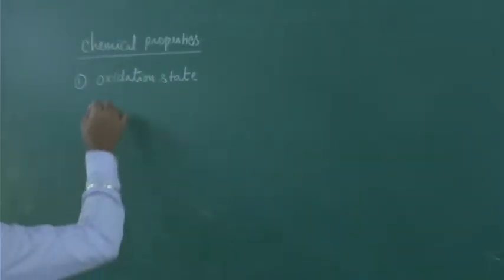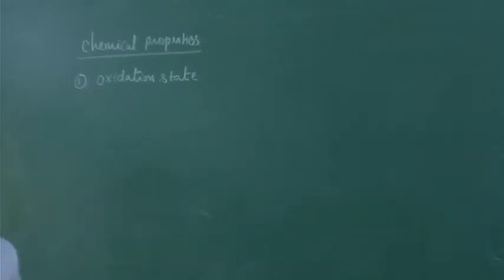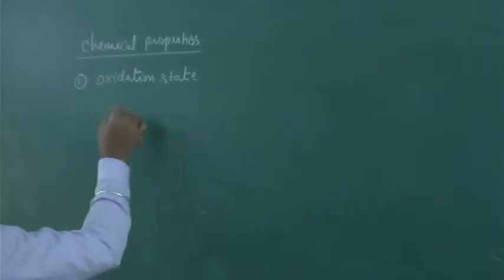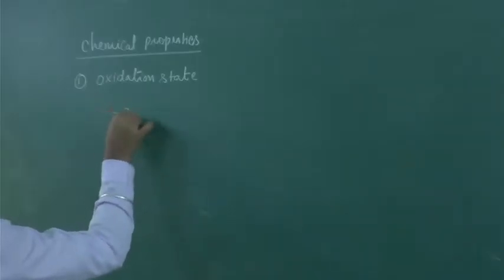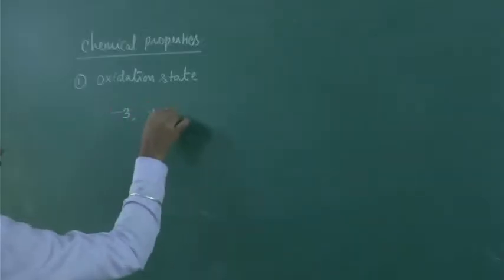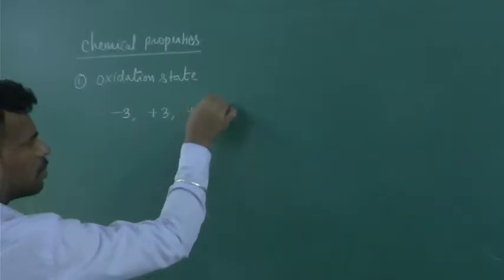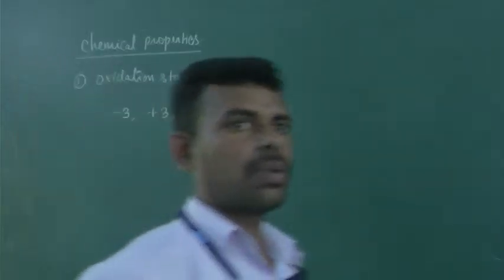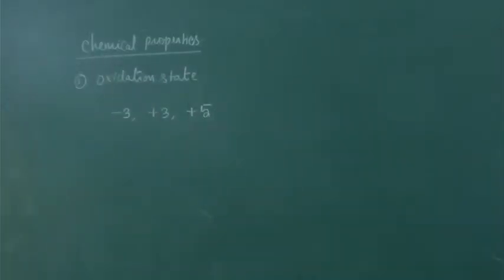So these are the possible oxidation states, for example, -3, +3 and +5. So what is the common oxidation state in the case of group 15? -3, +3 and +5. Is it clear?